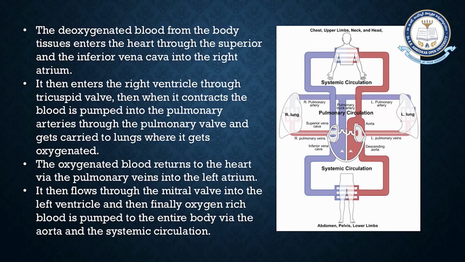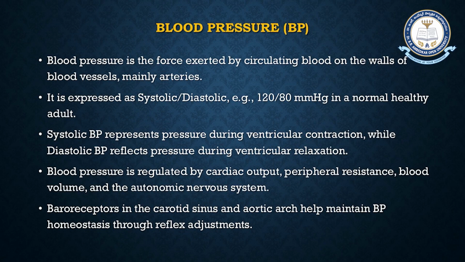blood. Blood pressure is the force exerted by circulating blood on the walls of the blood vessels, mainly arteries. This is why arteries are thick-walled and elastic. It is expressed as systolic by diastolic. Example, 120 by 80 millimeters of mercury, which is a normal, healthy blood pressure for an adult.